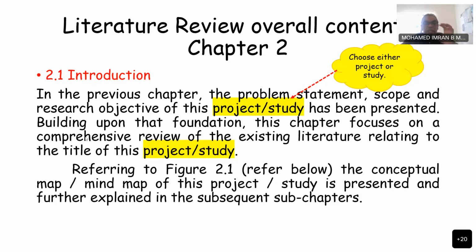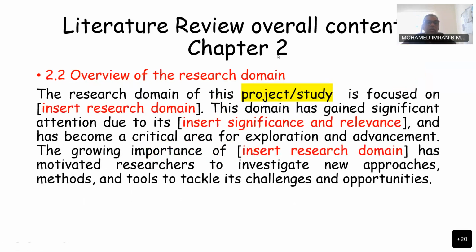Okay, so this is how you write the introduction section. Next, in 2.2, you start by saying the research domain of this project is focused on your particular research domain. Dr. Azila has explained to you what a research domain is. The research domain is the overall big picture of what you are going to do.